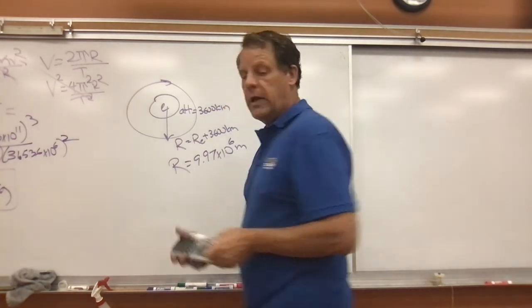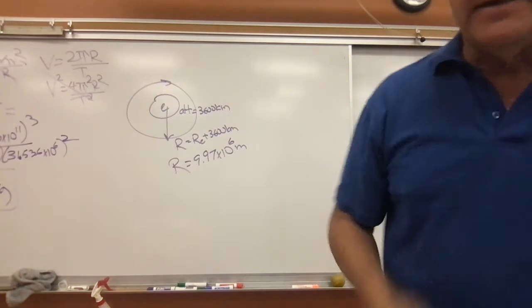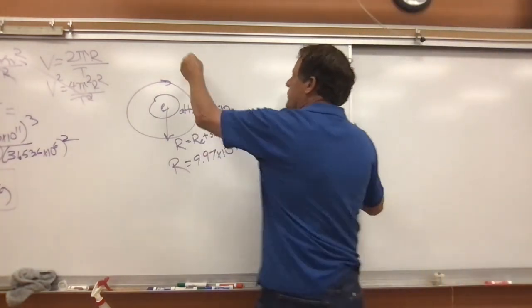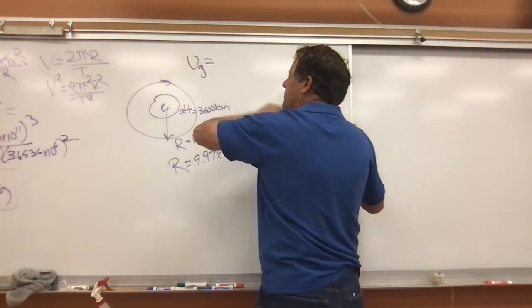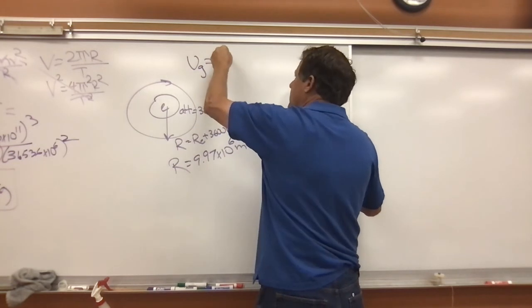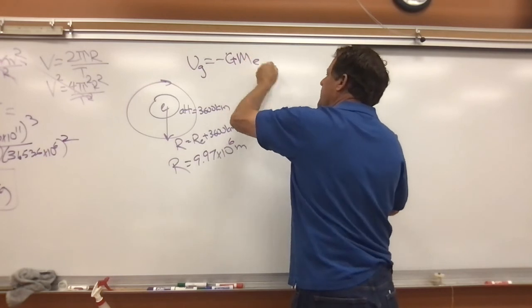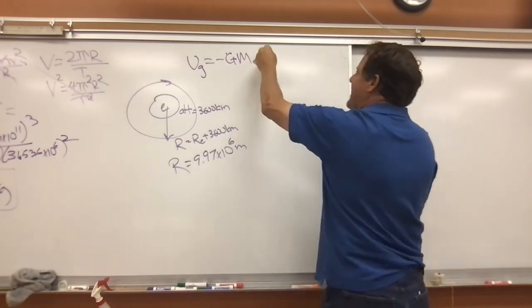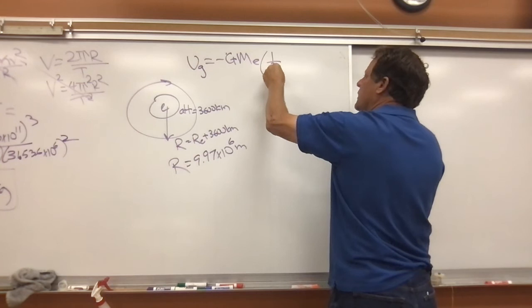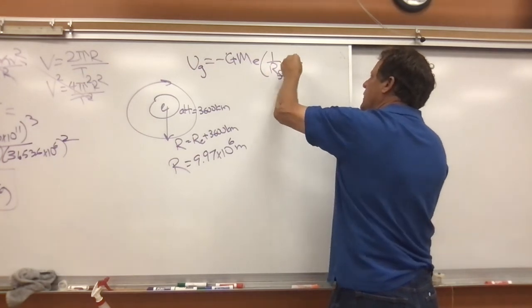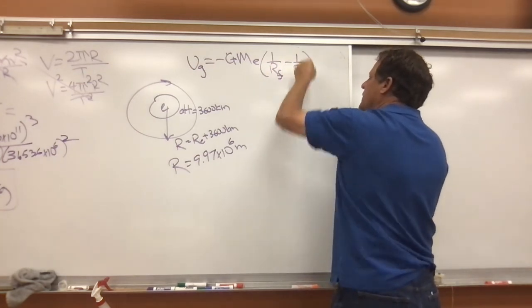That's the radius we're going to use. Now again, we've gone through this: the gravitational potential energy is equal to negative G, in this case times the mass of the Earth, times 1 over our final minus 1 over our initial.